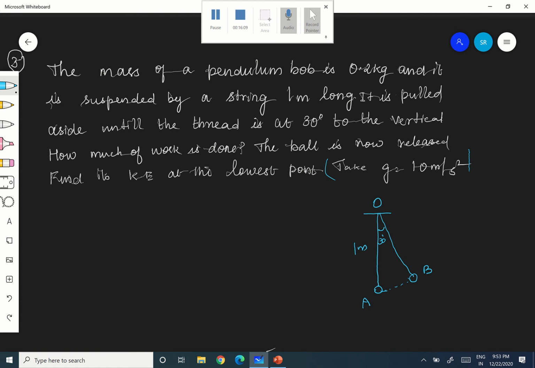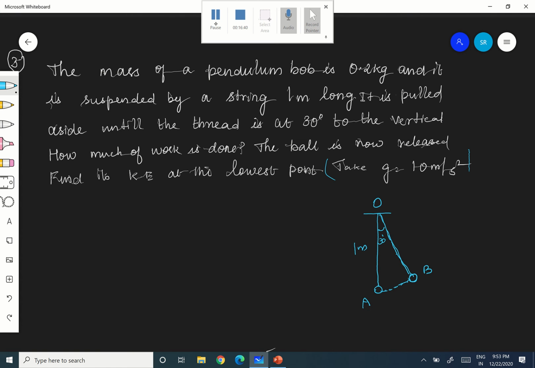So it is pulled till the thread makes an angle of 30 degrees with the vertical. This is understood. How much work is done for that? Initially it was at A, suspended. After that, what am I doing? I am taking it to B.